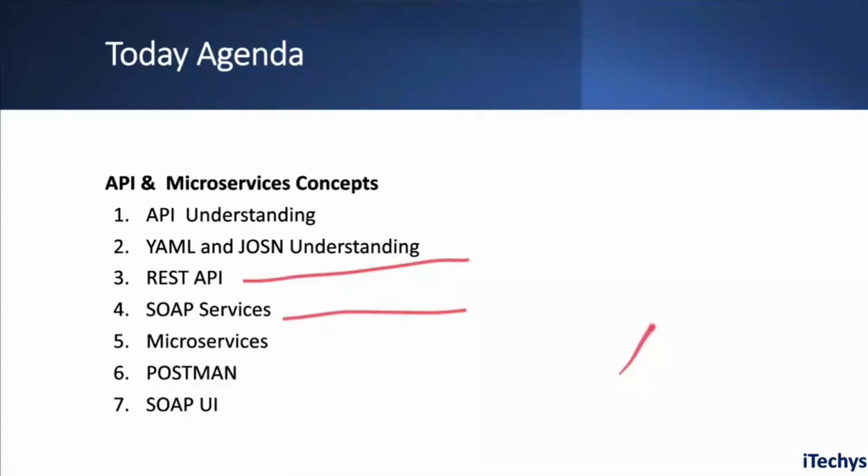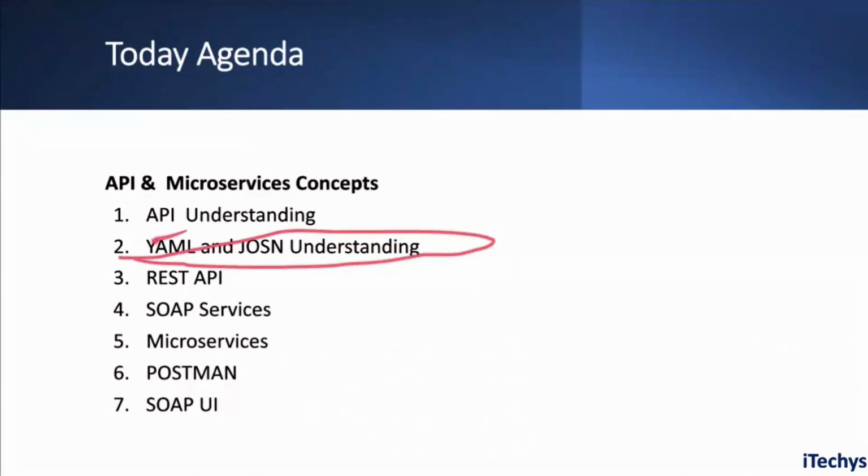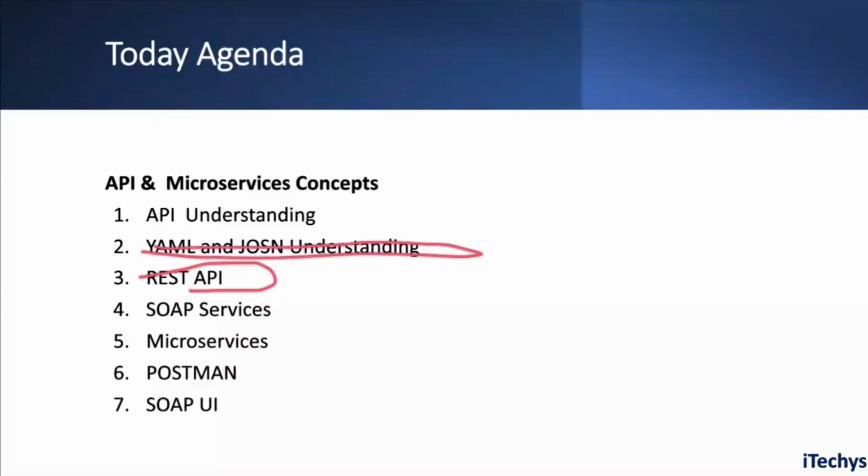But before that, I said we will also cover the surrounding part. If I skip YAML and JSON, you could not understand REST API properly. That's why I'm starting with the surrounding part, YAML and JSON, which is our next topic.